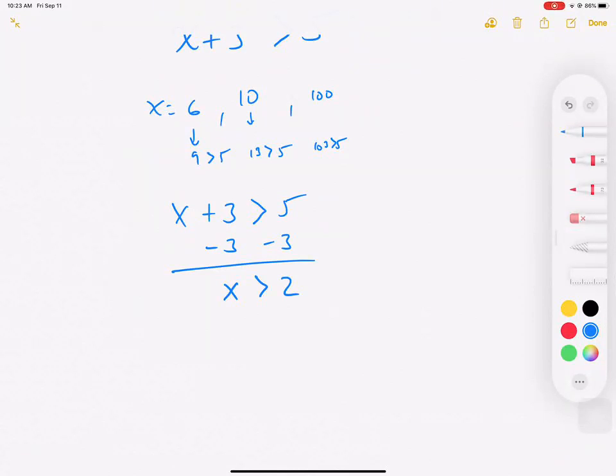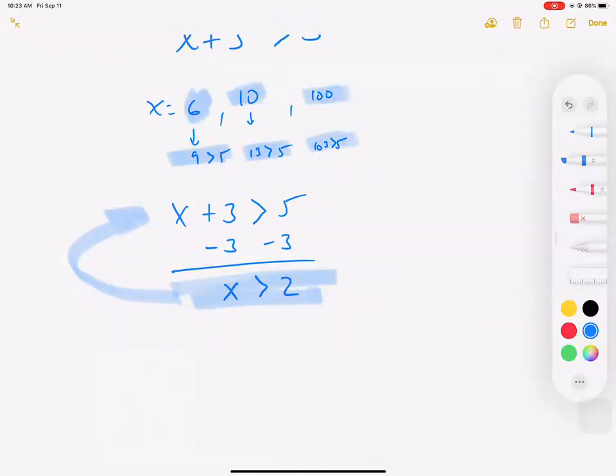Now, this is our definitive answer. As long as x is greater than 2, this makes our original problem a true statement. If I plug in a number greater than 2, well, didn't we say 6? That was a true statement. Didn't we say 10? 10 is greater than 2, and that worked. 100 is greater than 2, and that also worked.